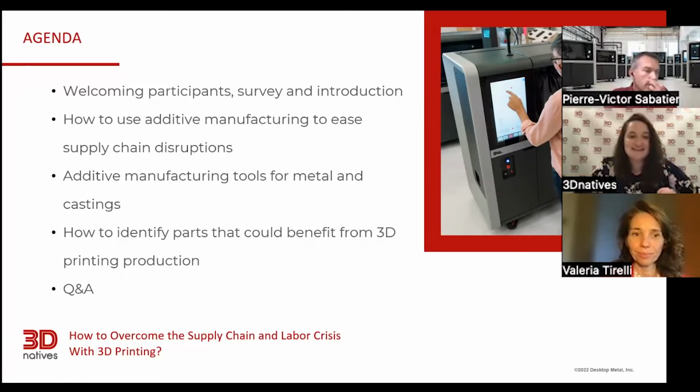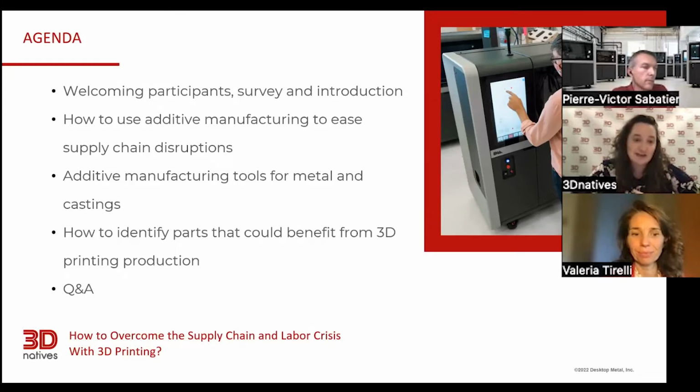So let's get started then on talking about this. As you can see on the screen, apart from the poll, you can also see the agenda for the next hour. This is the welcoming, participant survey, and introduction portion of the webinar, where I will be introducing you to our panelists, as well as giving you a little bit of context for this webinar today.